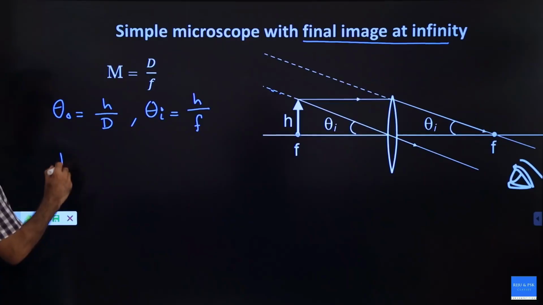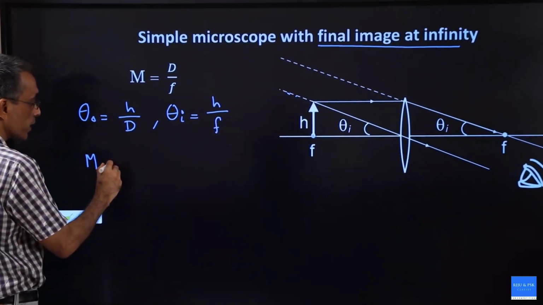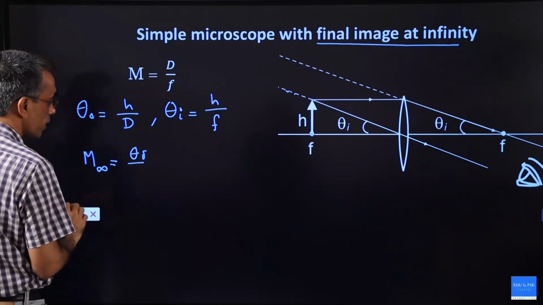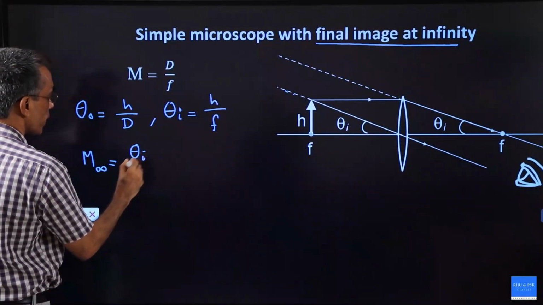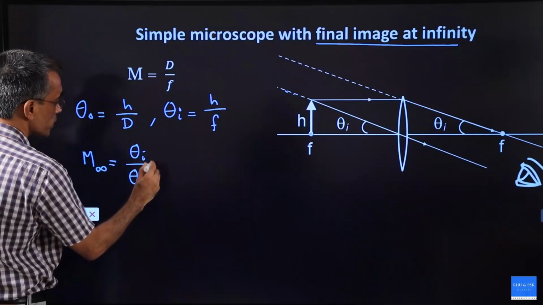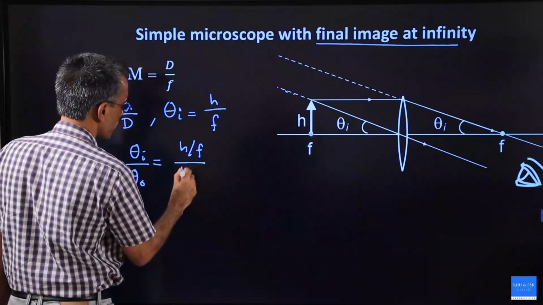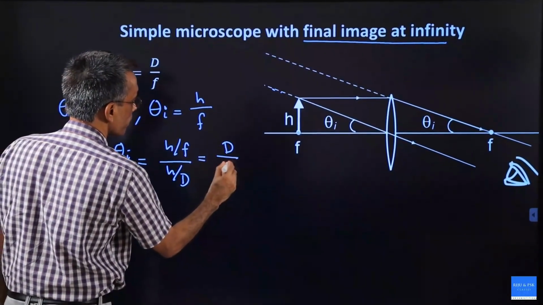So the angular magnification when the image is at infinity is given by theta I by theta O, theta of the image by theta of the object, and what is that equal to? h by f divided by h by d, which is equal to d by f.